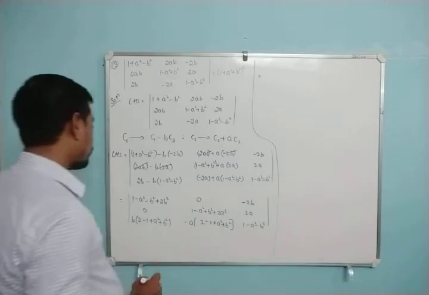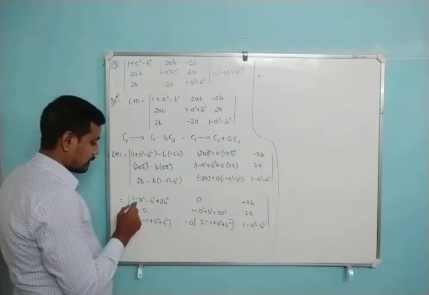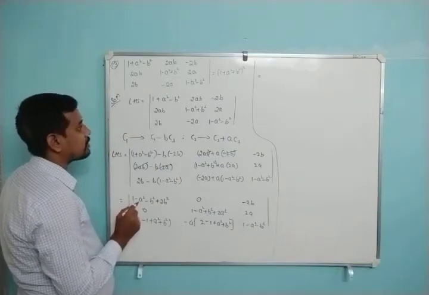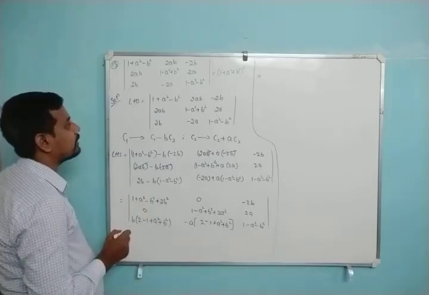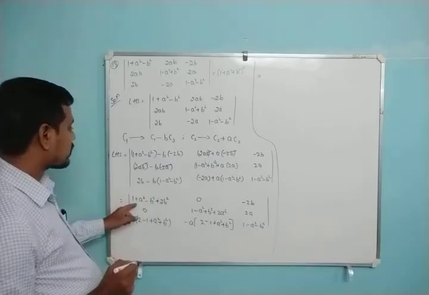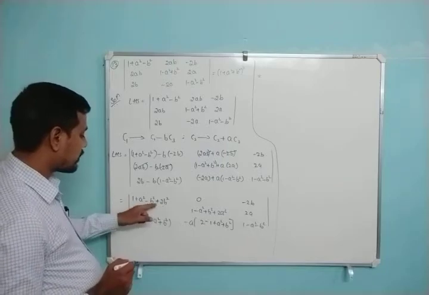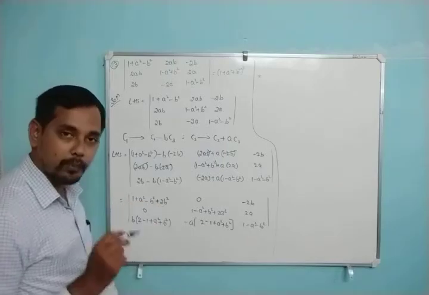which will be equal to 1 minus a, sorry, this is 1 plus a square, right? So 1 plus a square minus b square plus 2b square. Minus b square plus 2b square is plus b square.